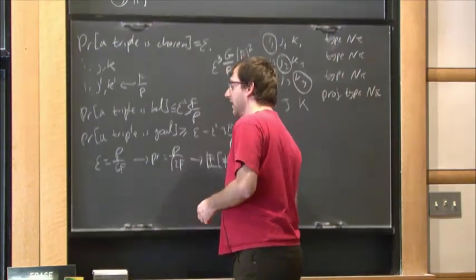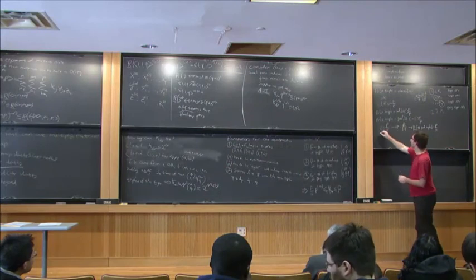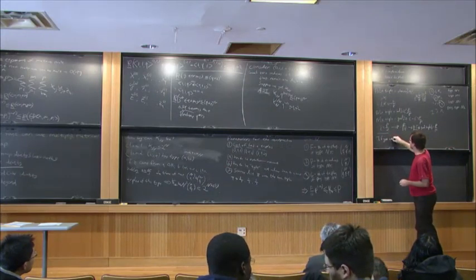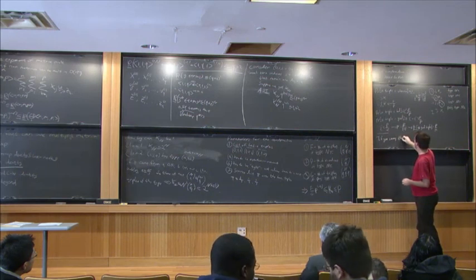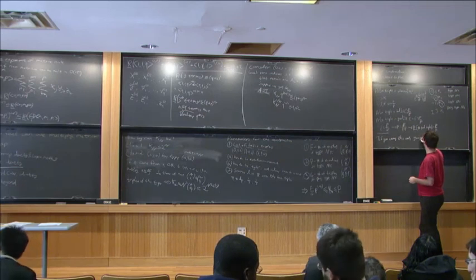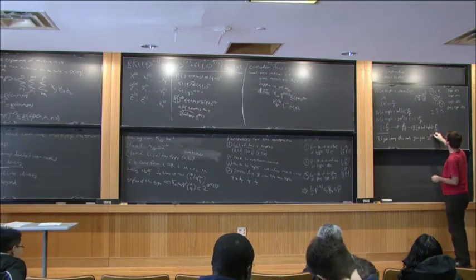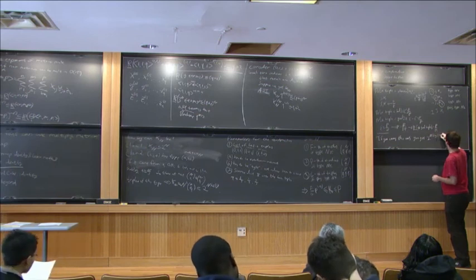Now, in our specific case, if you carry this out, then you get roughly 2 to the n times log 3 minus 1 triples.